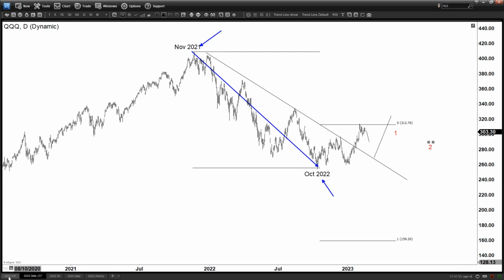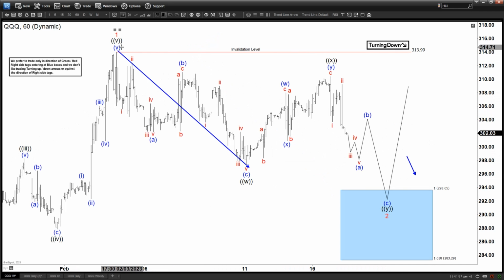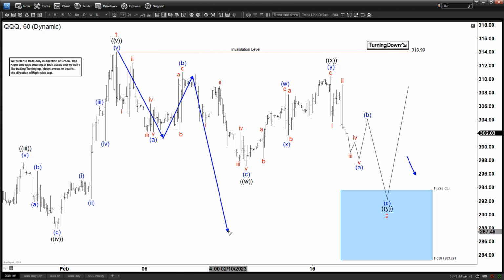Now in the short term, I think we will come back to the idea that this leg down here looks corrective. I think with this structure of the first leg down, like I mentioned before, it gives a higher probability that there is a better chance to extend higher. Because if this were more bearish, then I would have expected something like this. I would have expected a 1 to 1.618 extension to 4.5, but it didn't happen.